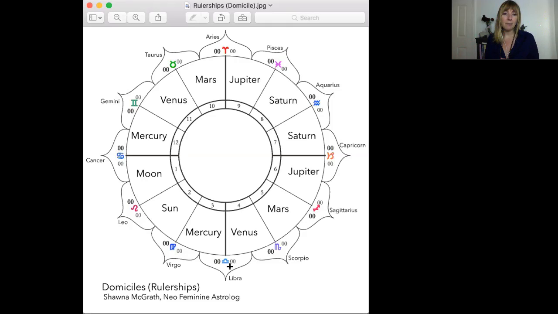And a piece of this is that when there's an exaltation, it's said to be very beneficial and very easy for a planet to do its job. Versus when there is a fall or detriment, it can be more challenging for a planet to do its job. I think it doesn't always have to mean that it's more difficult.